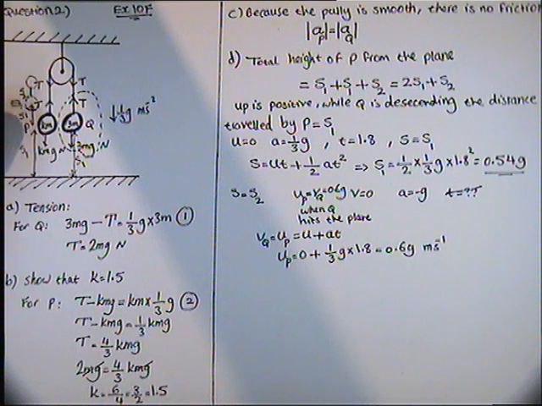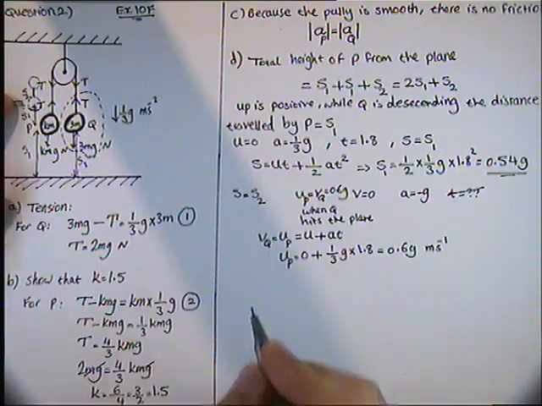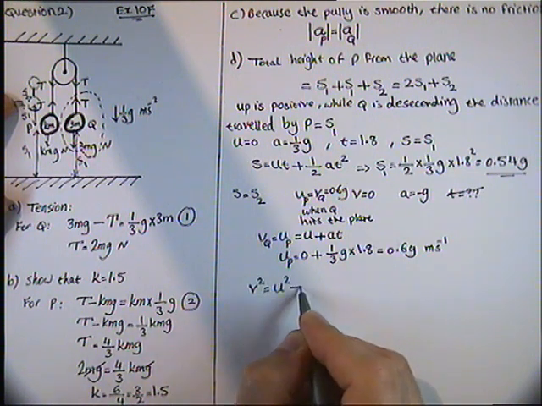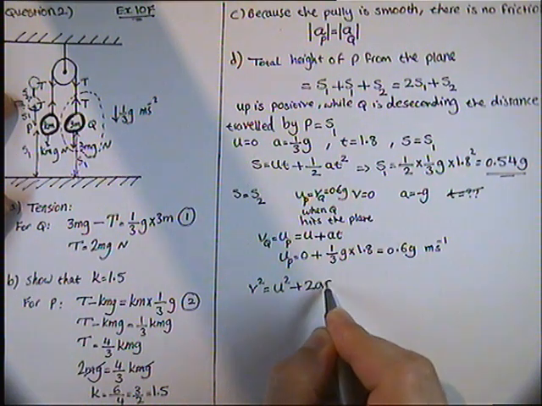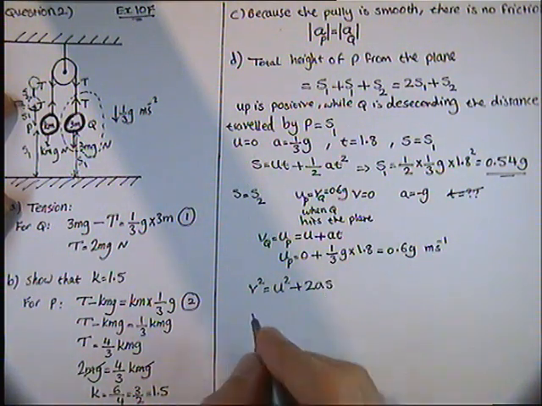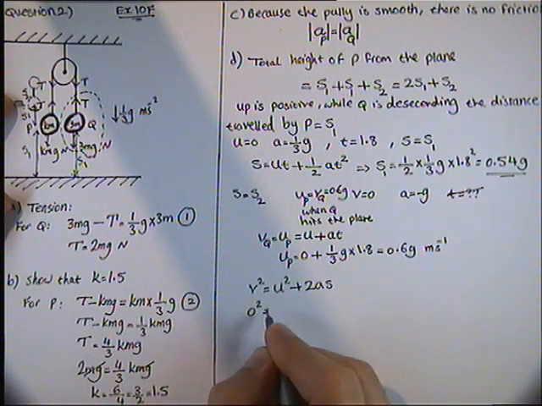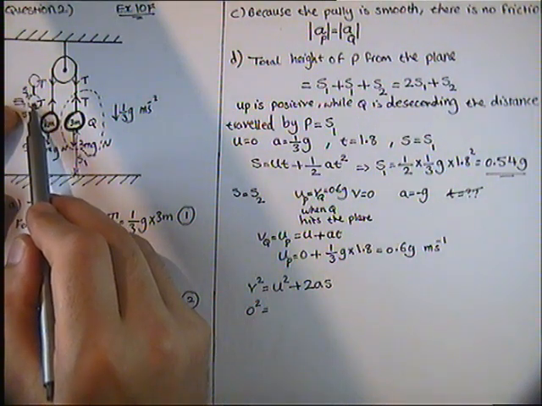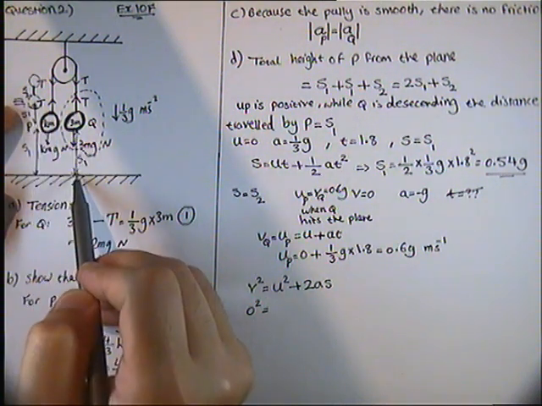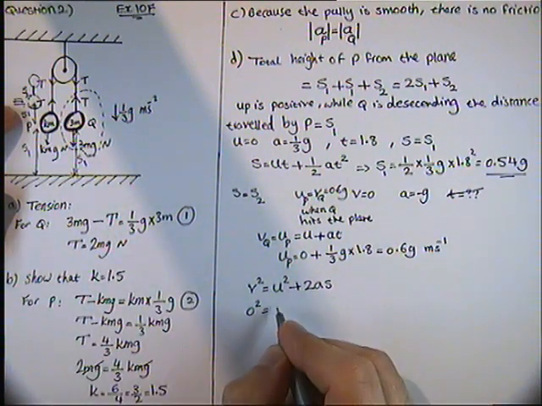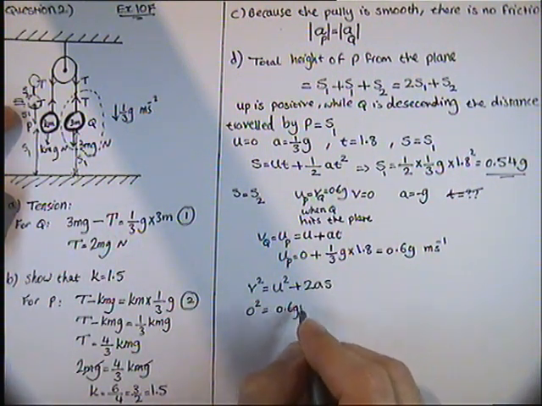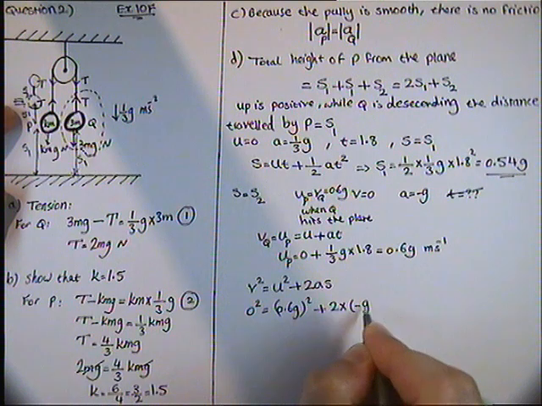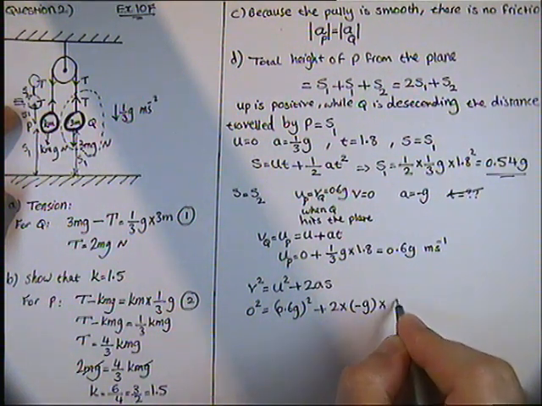Now we can calculate this S2, this distance, by using v squared equals u squared plus 2as. We've got all the information which we need. 0 squared is equal to u squared. The initial velocity of p at this point is the final velocity of q when it hits the ground, which is 0.6 g all squared, plus 2 times minus g times s2.